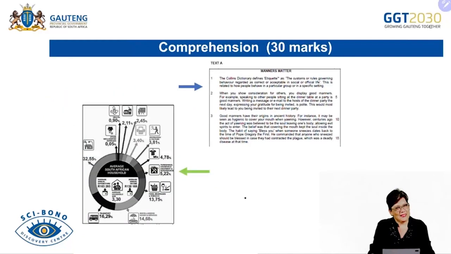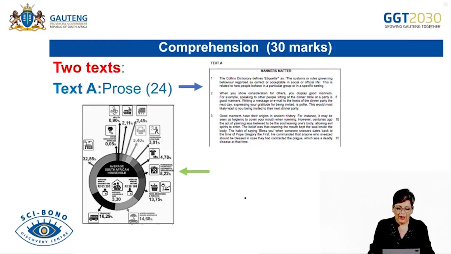Now, let's start with a comprehension. Remember, you will be given 2 texts. One is a prose of 24 marks on that piece, and you will have a text B, which is a shorter visual text of 6 marks.